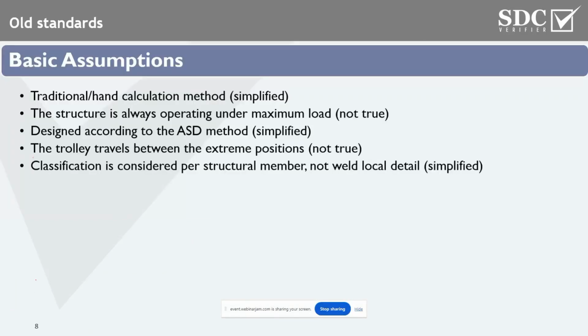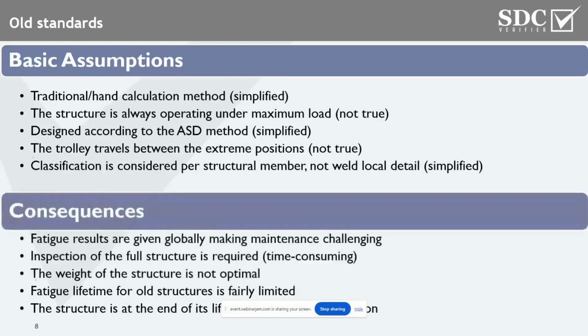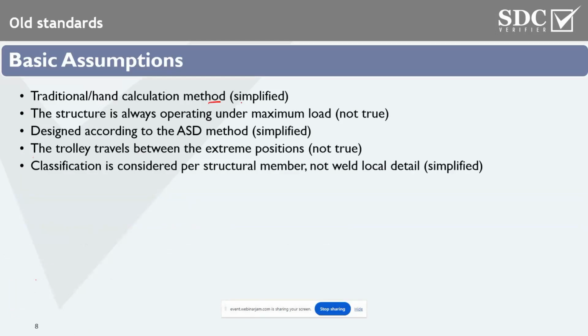Following the old standards, the traditional hand calculation method was used, which is a fairly simplified approach. When talking about cranes, the main assumption is that the structure is always operating under the maximum load, which is of course not true, and we know that from experience.